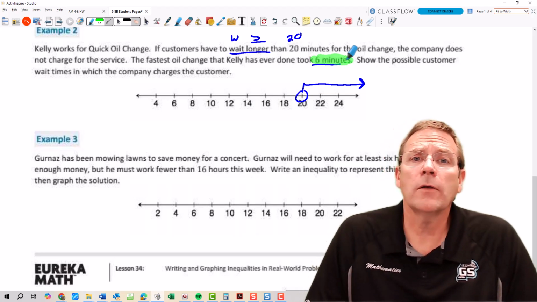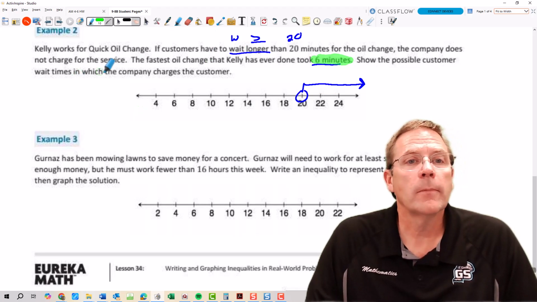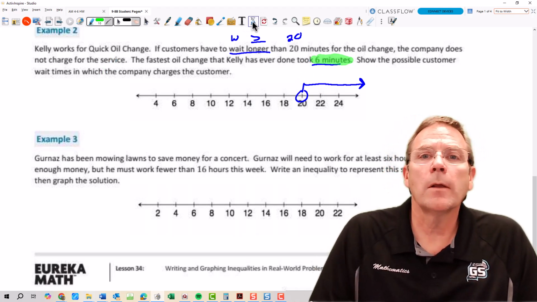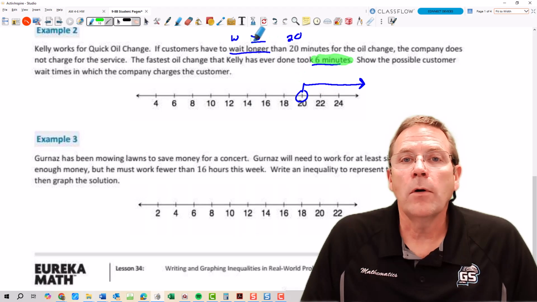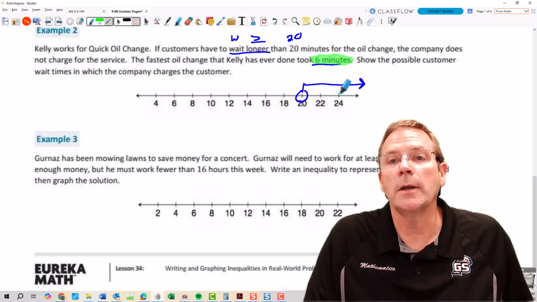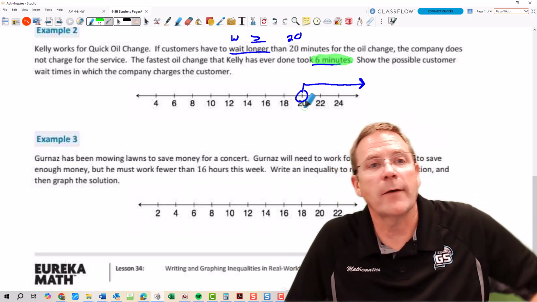All we care about is the numbers where the customers are going to, oh, hold on. My bad, I am wrong. So the inequality I had gave me these values. That's where the customer goes free, but that is not what we need. We need to know the numbers where the customer is going to have to pay.